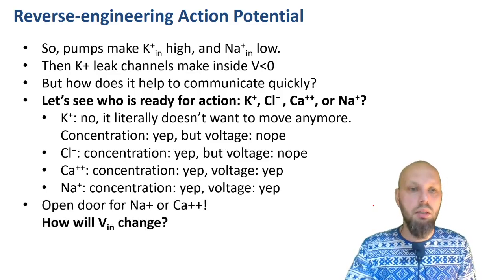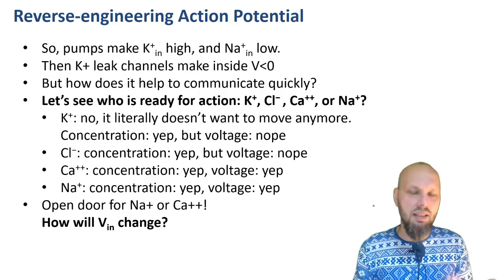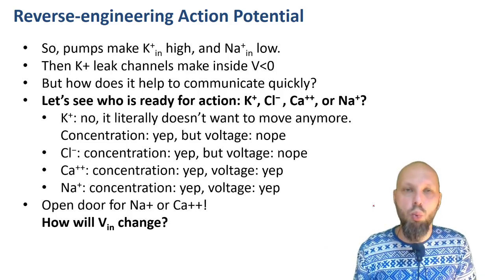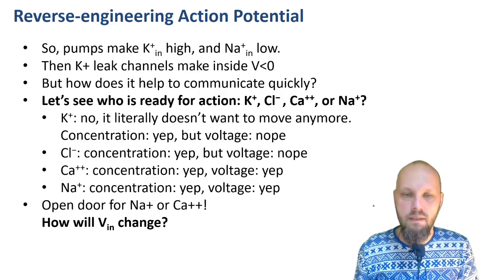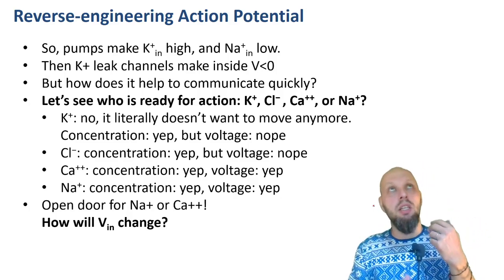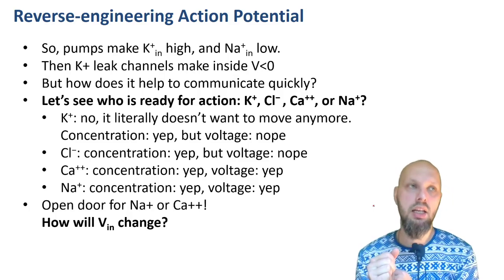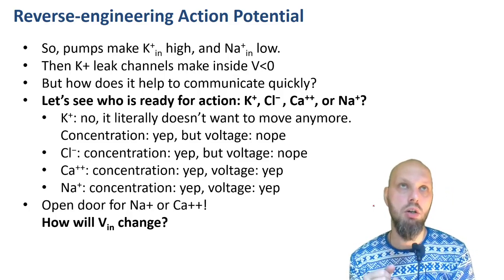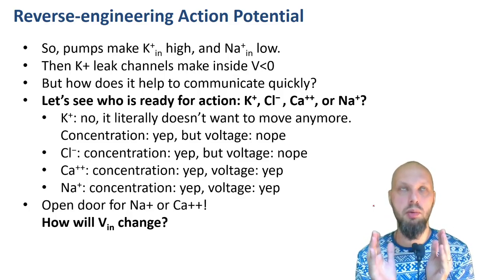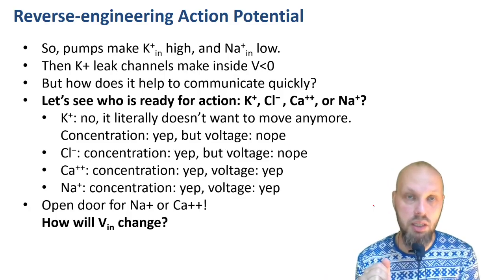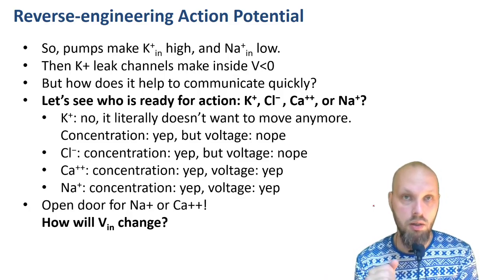Right? And what will happen? I kind of spoiled the answer, but how will voltage change? Or rather, why would voltage change? So let's think about it. Sodium really wants to enter because the cell is negative and the concentration of sodium inside is low. And now we open a door for sodium. Imagine that. So now sodium can enter. Sodium ions start to enter. How does the potential of the cell change?